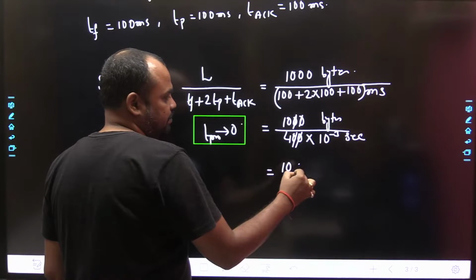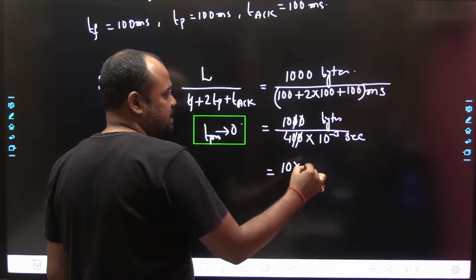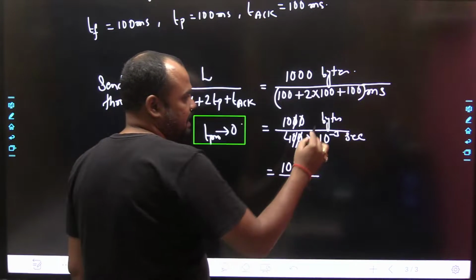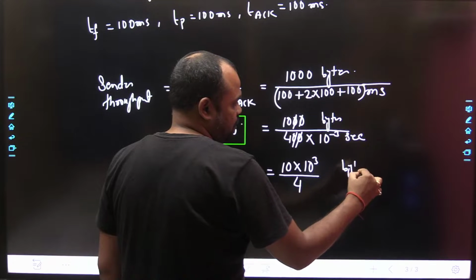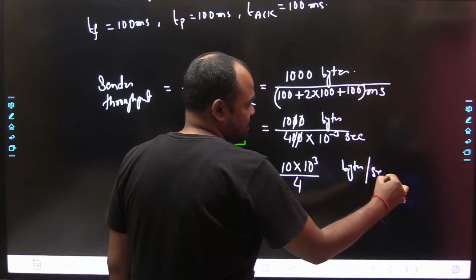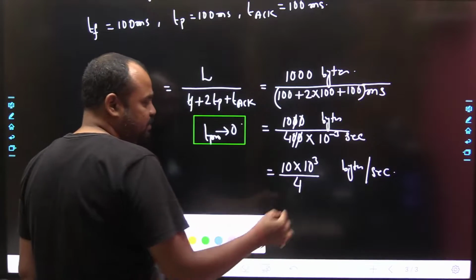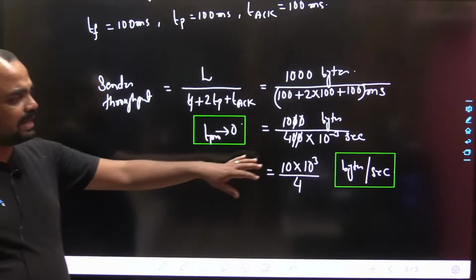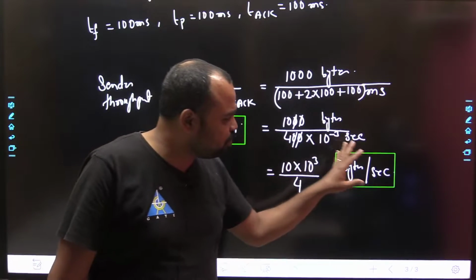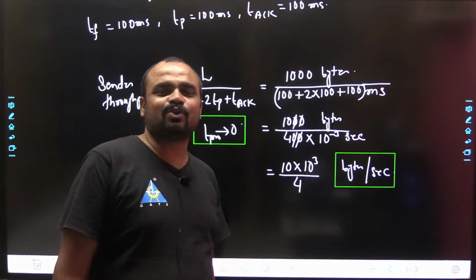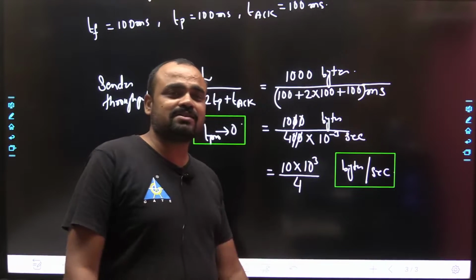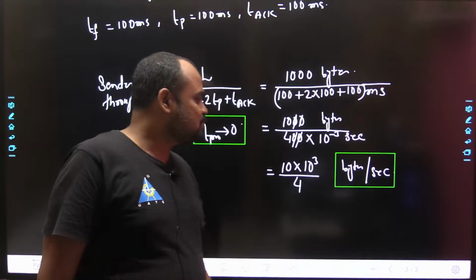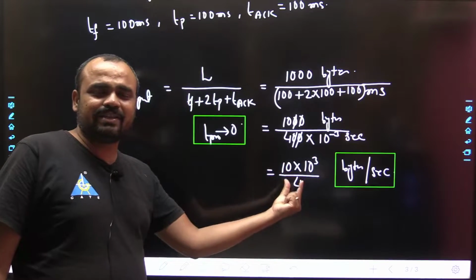So this will become 10 into, take this on the upper side, 10 to the power 3 divided by 4, and this is coming out to be in what? Byte per second, and ultimately you need to give the answer in the form of byte per second. So this is 10,000 divided by 4.